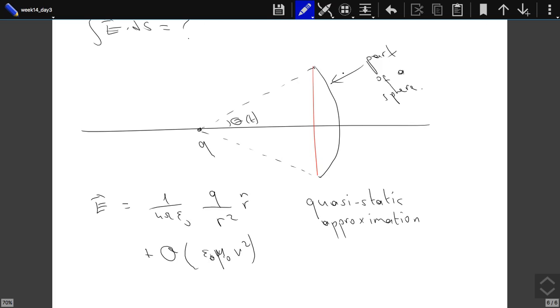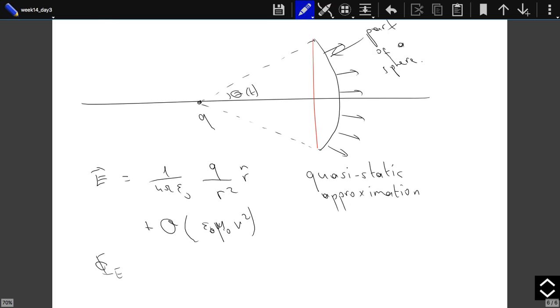Now, this is the electric field. So at every point on this sphere, the electric field is straightforward, it is just pointing outward. r is the same at every point. So basically, the electric flux through that area is just 1 over 4 pi epsilon 0 q over r squared times the integral of dS, the total surface of that patch of the sphere.